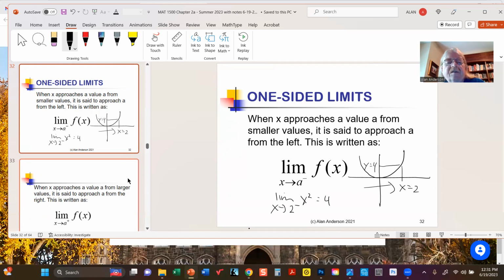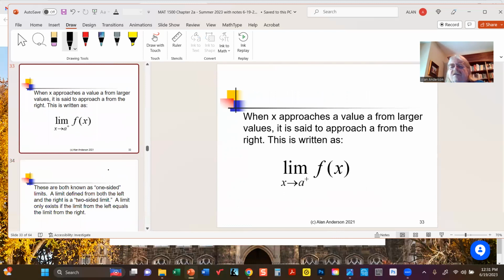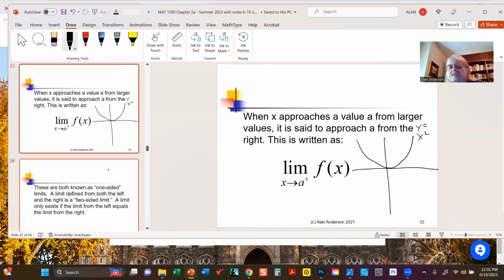And that naturally enough means that the other one, coming from the right, oh, sorry, that's 2.